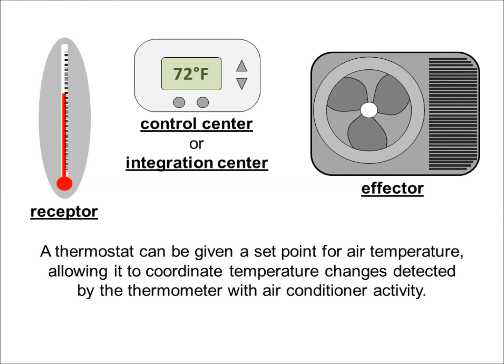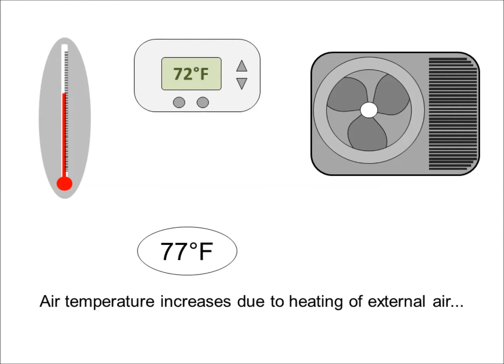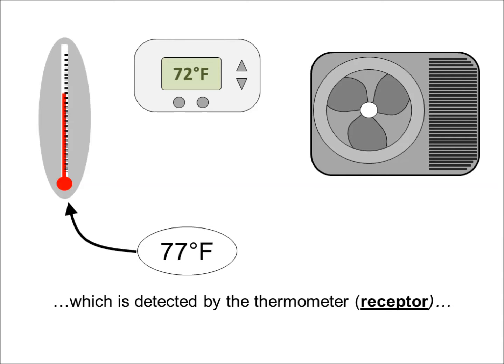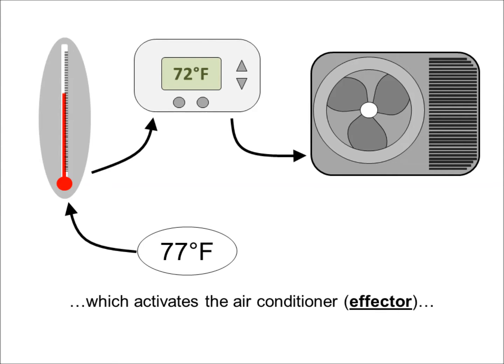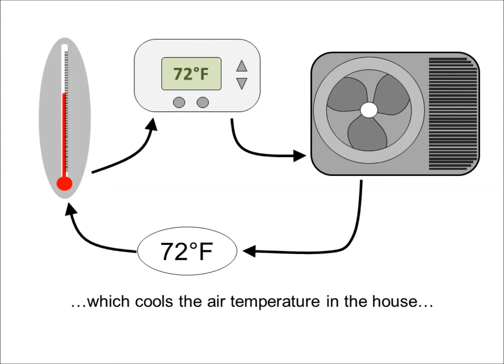And so the way this works is temperature outside rises, so temperature inside rises. That increase in air temperature is detected by the receptor, the thermometer, which communicates with the thermostat, the control center, which realizes temperature has now exceeded set point by a good bit. It then communicates with the effector, the air conditioner, which turns on, lowering temperature in the house, and there is our feedback.